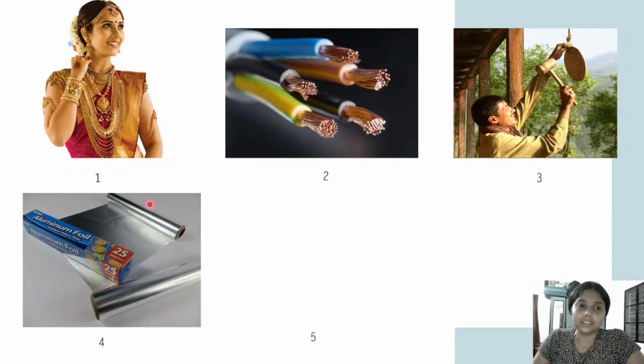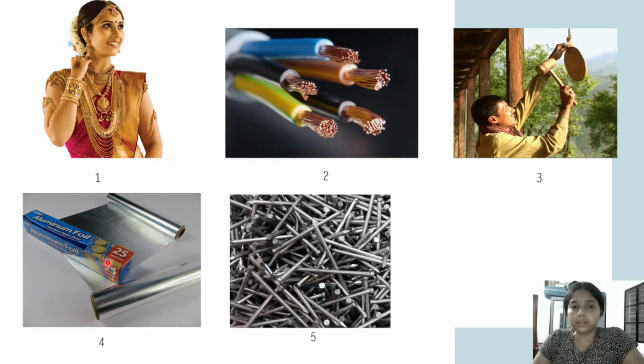Have you seen this? When your parents take out, or when we buy some parcel, you may get these types of papers, right? What is it called? Yes, it is aluminum foil. Now these, yes, you have seen them in workplaces.